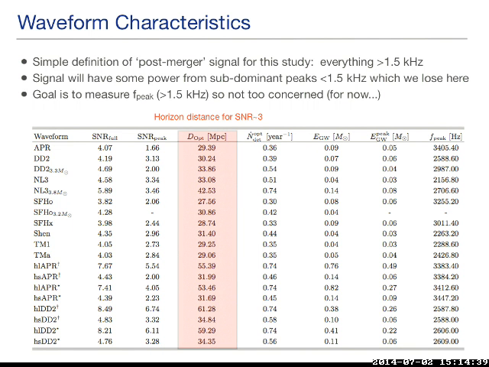But the thing to highlight is just the horizon distances that we get out for these waveforms, based on computing the SNRs and rescaling to a nominal SNR threshold of about 3, which I can justify as appropriate for the kind of analysis we have in mind, and I'll say a bit more about that in a second.